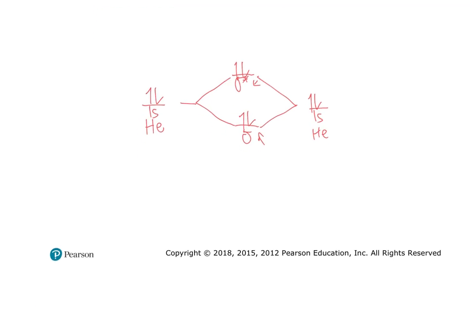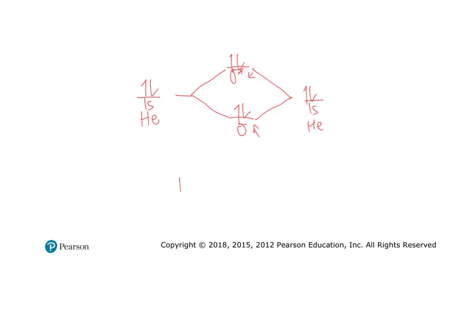Let's calculate the bond order. We'll do 1/2 of the number of electrons in the bonding orbital, 2, minus the number in the anti-bonding, 2. So 2 minus 2 is 0. This means there is no bond here. The bond gets canceled out by the anti-bond, and so He2 does not exist.